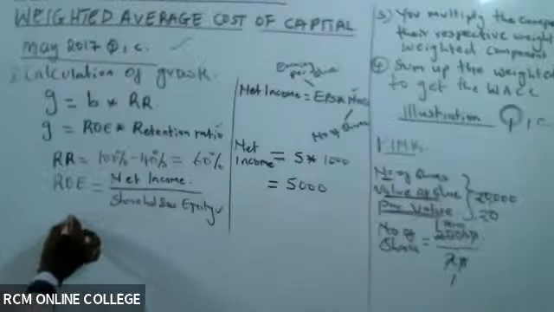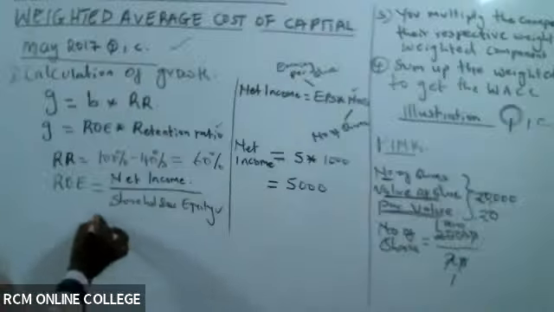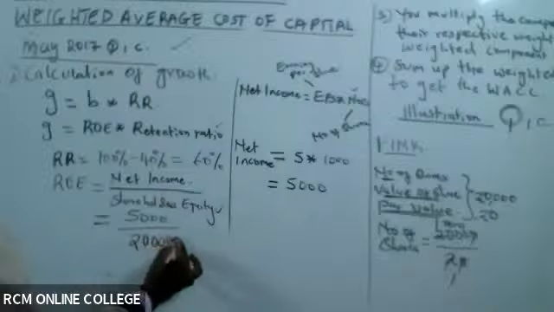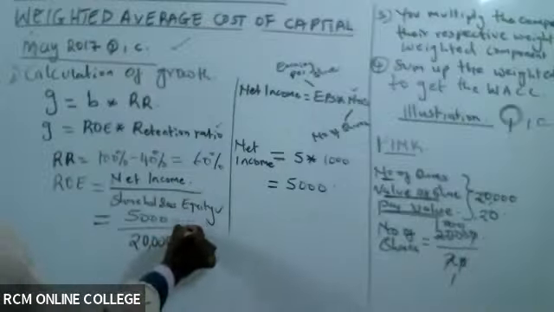So we are able to get our ROE. Our ROE will be equal to our net income divided by shareholders' equity, which is 20,000. We will express it as a percentage.